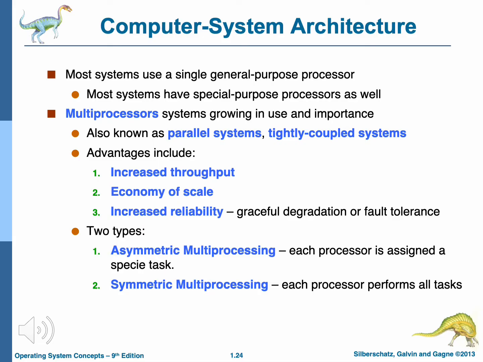Almost all single-processor systems have other special-purpose processors as well. They may come in the form of device-specific processors such as disk, keyboard, and graphics controllers, or on mainframes, they may come in the form of more general-purpose processors such as I/O processors that move data rapidly among the components of the system.